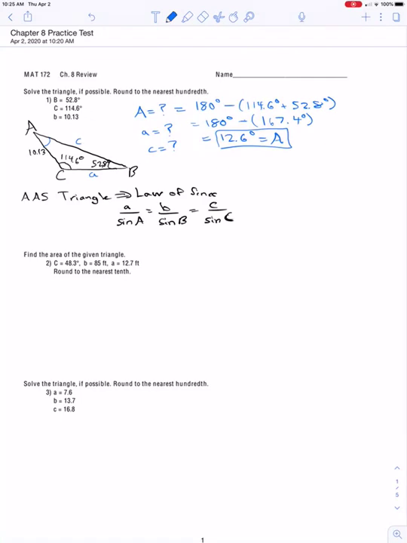Now let's go ahead and find side a. As we move on to side a, let's use our law of sines.